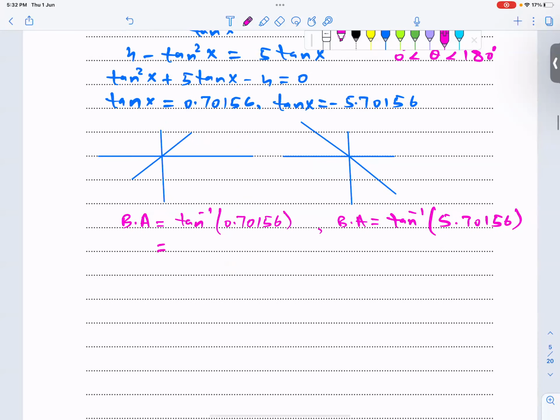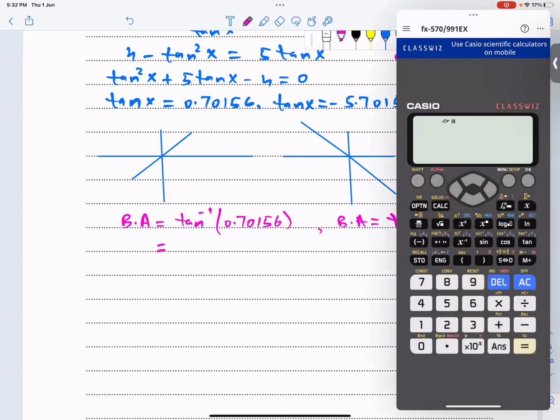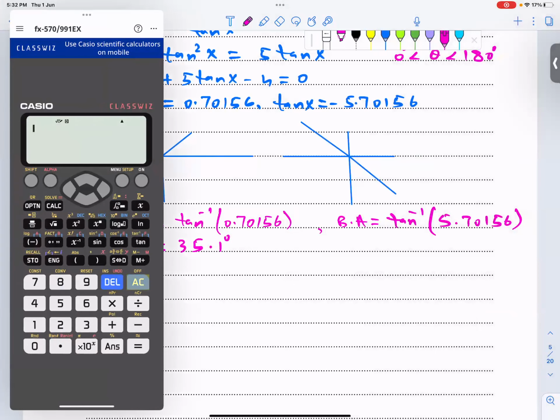For the first one, shift tan inverse 0.70156 gives 35.1 degrees. And for the second one, the basic angle is shift tan inverse 5.70156, which is 80.1 degrees.